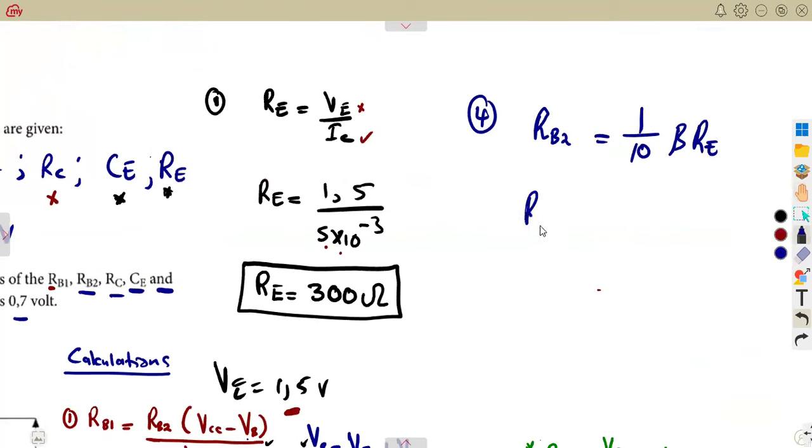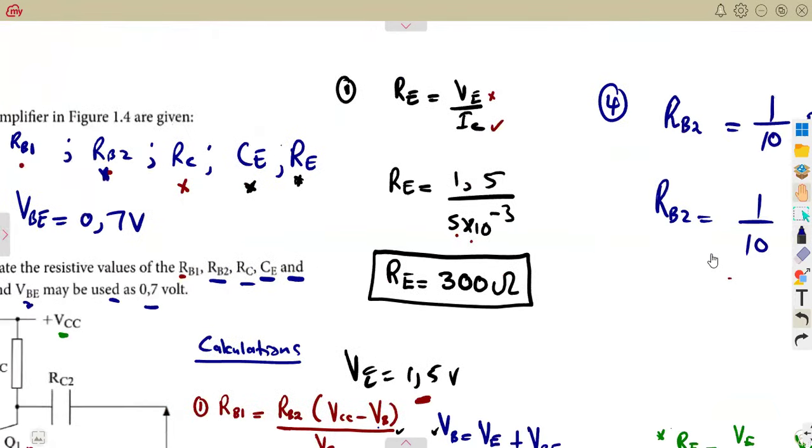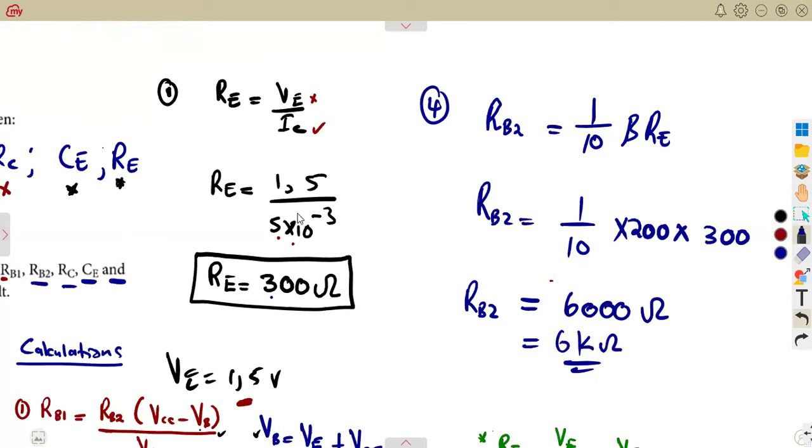So that means our RB2 is going to be 1/10 times our current gain, our beta, which is 200, times RE, which is 300. With this, you're going to obtain the value of the voltage division resistor 2, which is 6,000 ohms, or you can have this as 6 kilo ohms if you divide by 1,000.